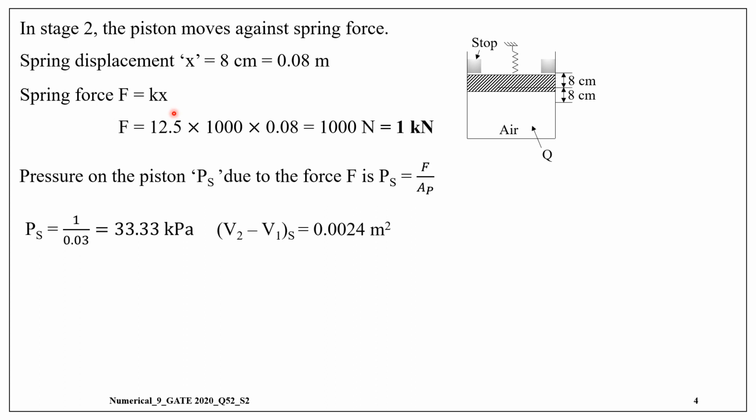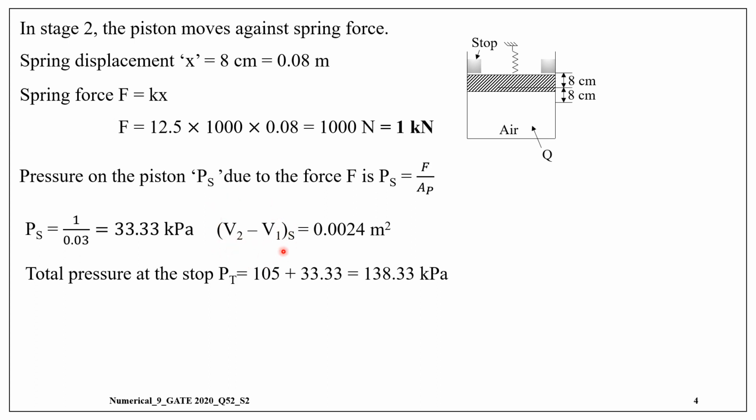Therefore, the total pressure at the end of piston movement, that means when it reaches the stop, is equal to 105 plus 33.33 is equal to 138.33 kilopascal.